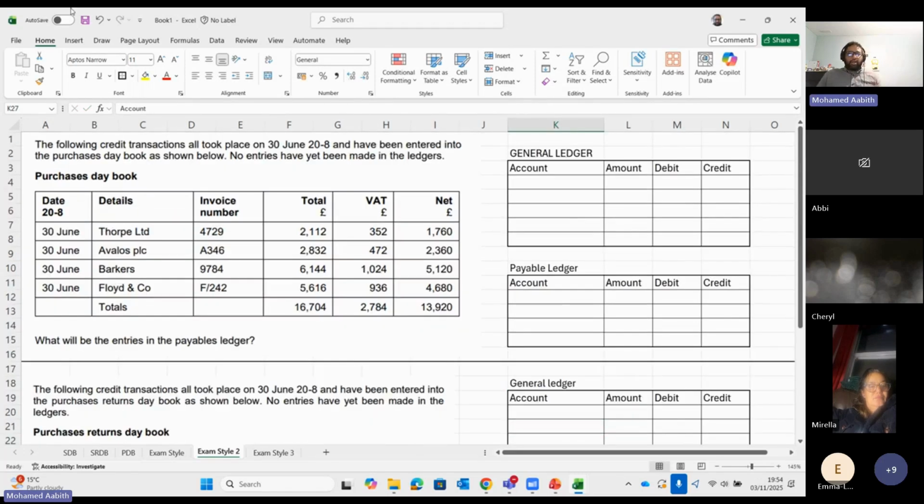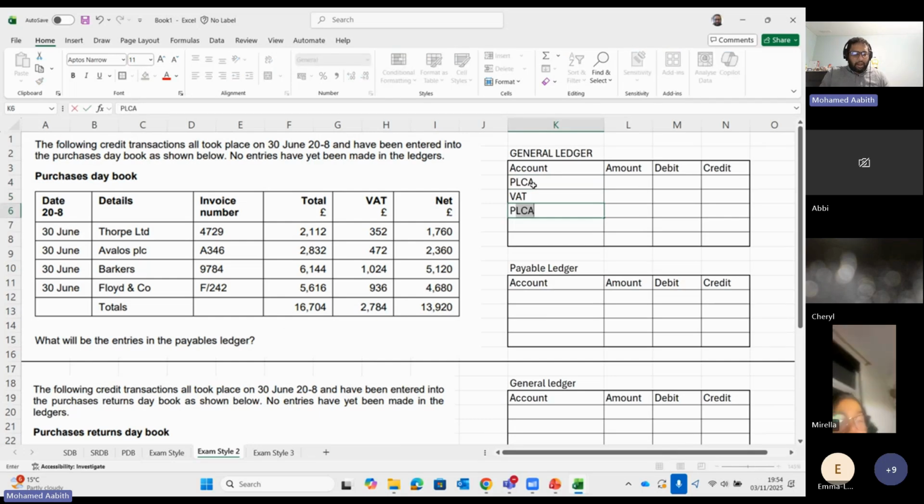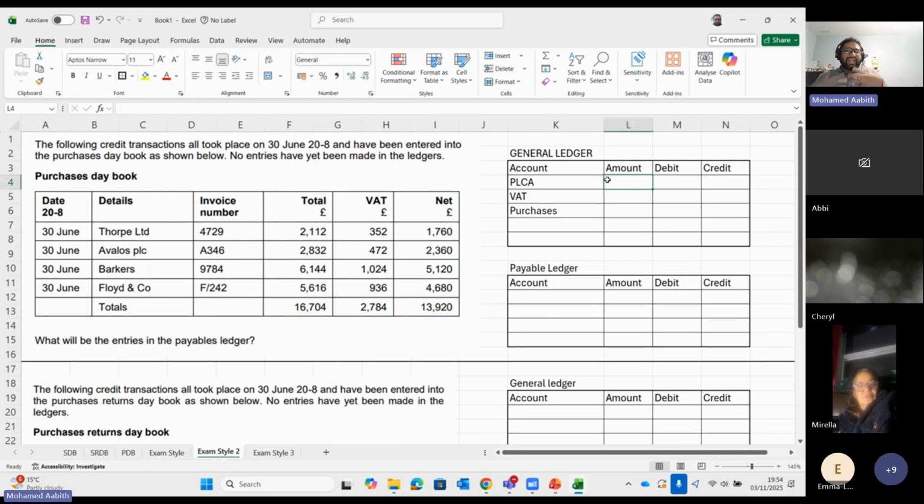Okay, so here I have to do that. Now if I'm going to do general ledger, I have to do the general ledger accounts. So here there are three accounts we need to look at: PLCA, VAT account, and purchases account. You have to remember PLCA is a liability, so therefore we need to have a credit entry in that account. So here this will be a credit entry and these two will be debit.